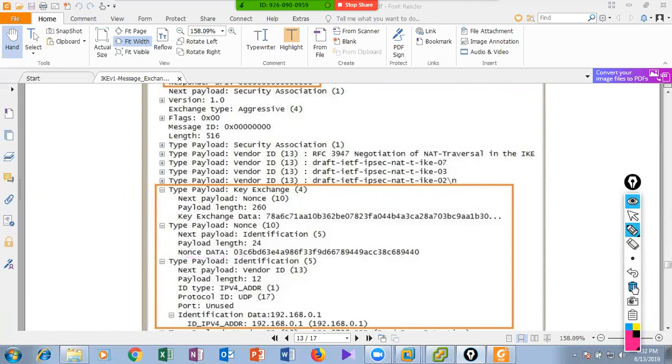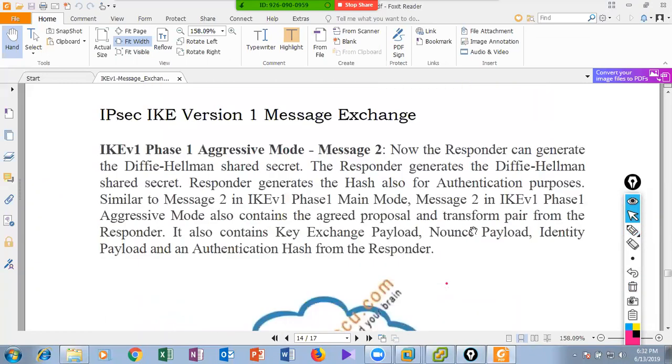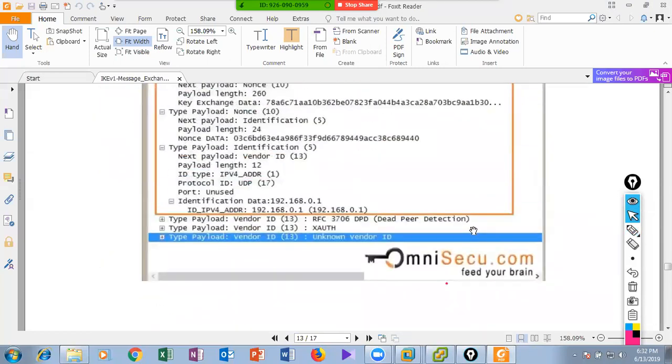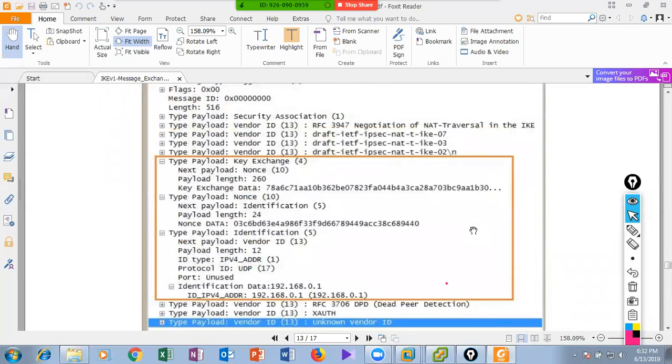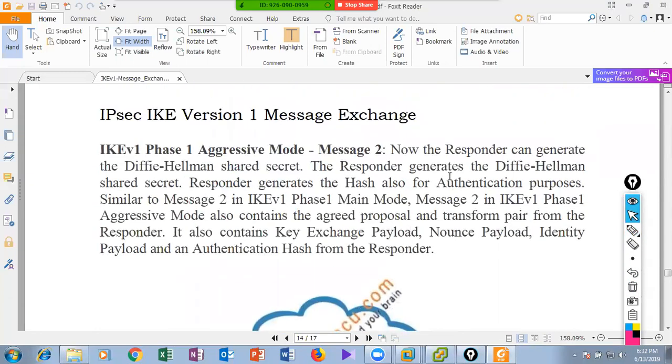These are the first and third message exchange items of the main mode. And you can see the identification data here, right? So basically these things are shared over here.